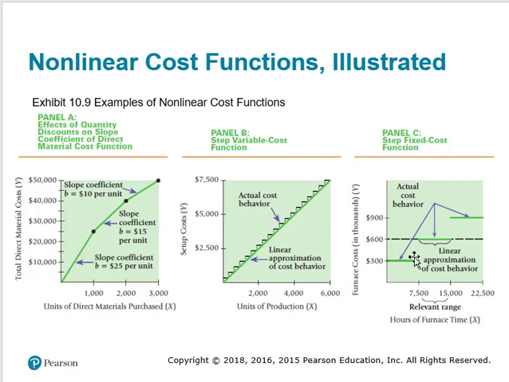The biggest difference between panel B, step variable cost, and panel C, step fixed, is the range. Panel C shows how costs that remain the same over a much wider range due, of course, to the nature of fixed costs. Okay? So these are nice graphs, though. They really give you an idea about how a nonlinear function can look.